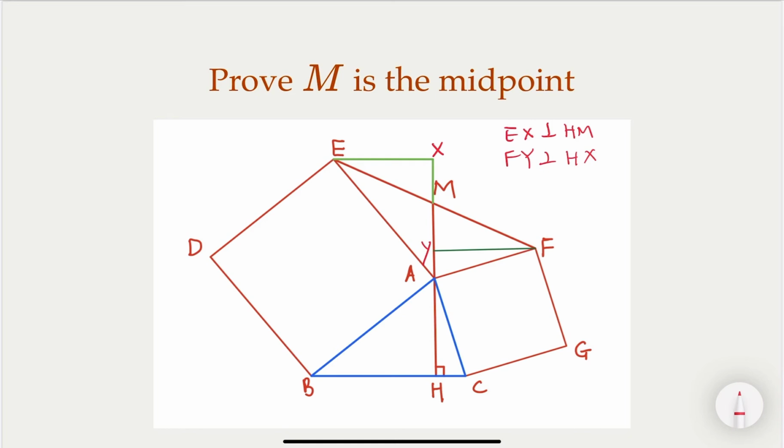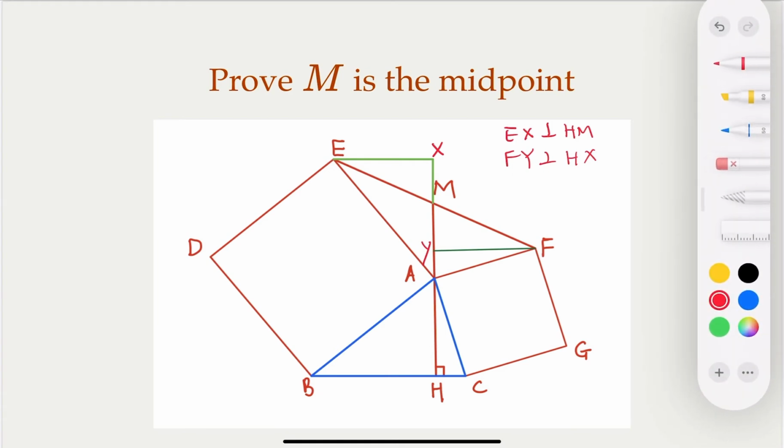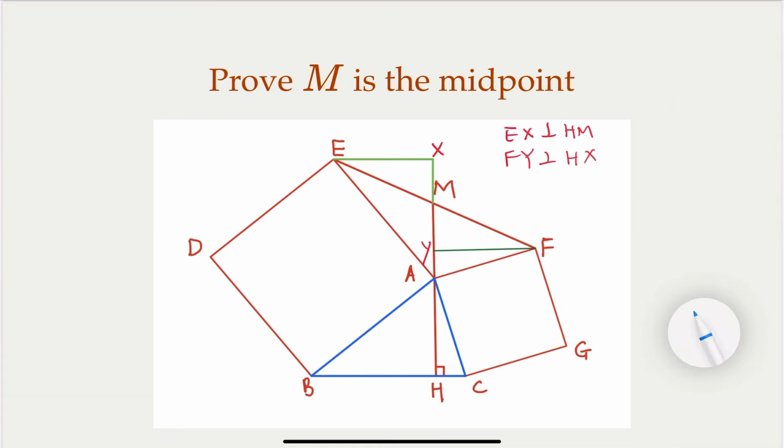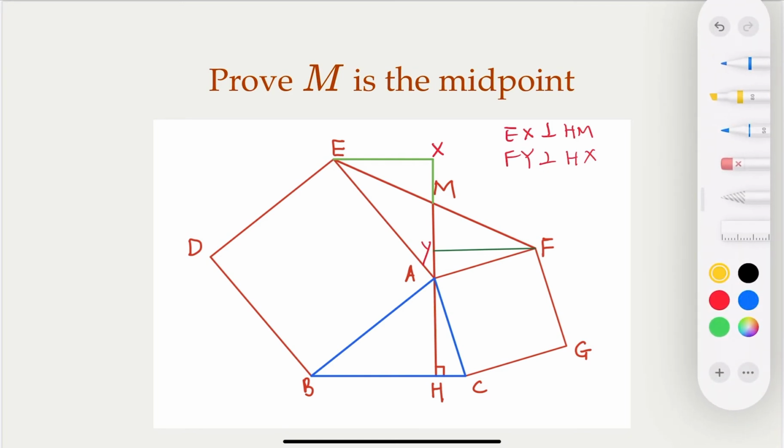So I claim that the triangles are congruent. If they are congruent, then I prove that the point is a midpoint. So how do we do that? We want to prove these right triangles are congruent. So we want to prove this one here and this one are congruent.